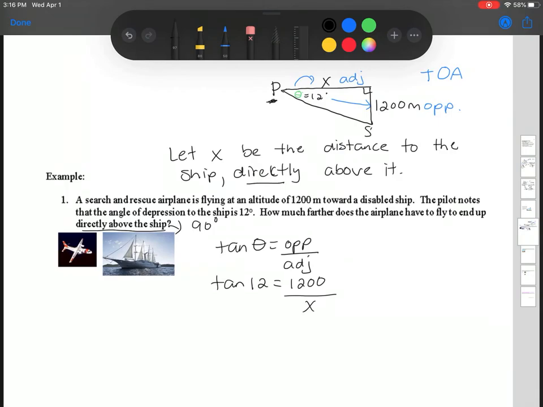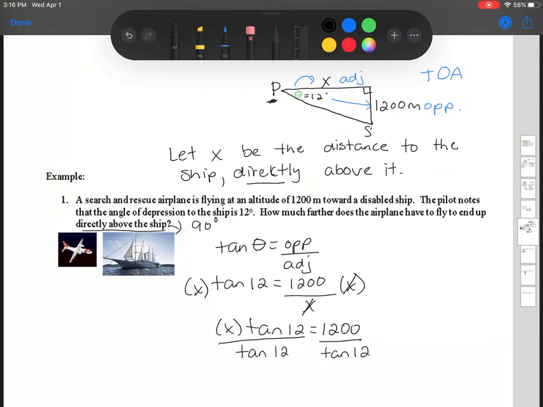So then again, this is one where it can be a little bit hard to solve for. We're going to multiply by the X to get it out of the bottom. And then we're going to divide by tan 12 to get the answer.